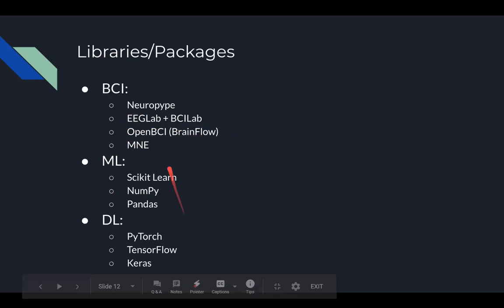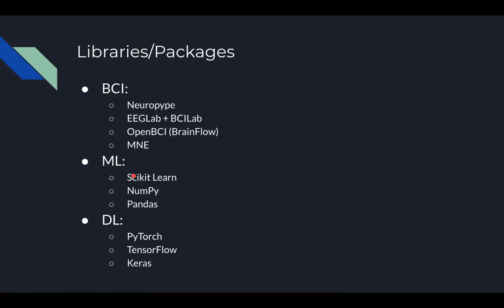Then ML libraries, like standard machine learning libraries. Scikit-learn is a really nice one. It has tons of things out of the box. You can build an SVM with like 5 lines of code, something like that. NumPy is a library for dealing with vectors and tensors.